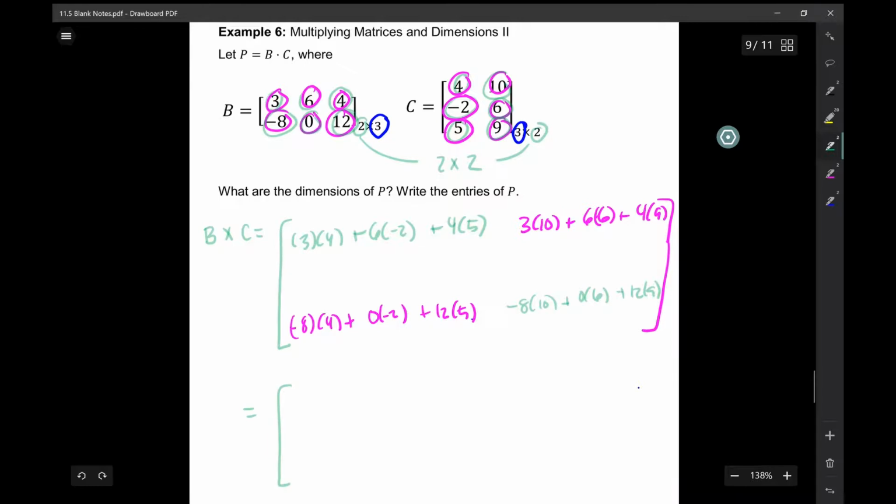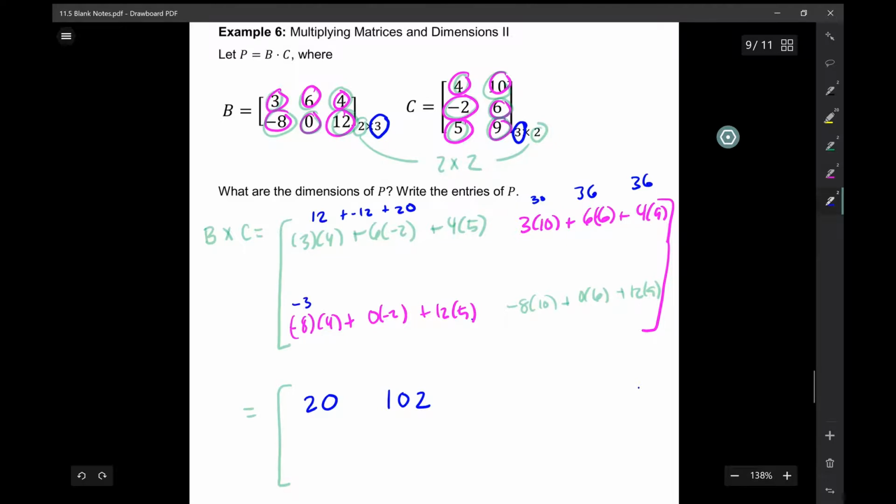Let's figure out what these are. That's 12 plus negative 12, which is 0, plus 20. So that's going to be 20. That is 30, plus 36, and 36. That's 72 plus 30, which is 102.